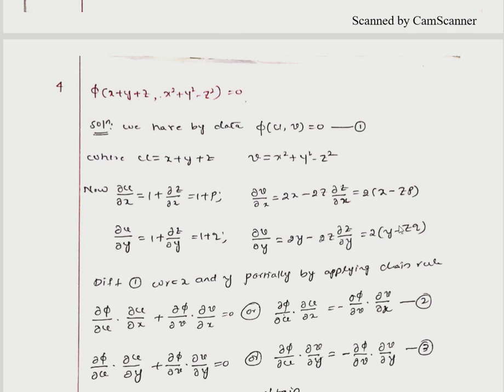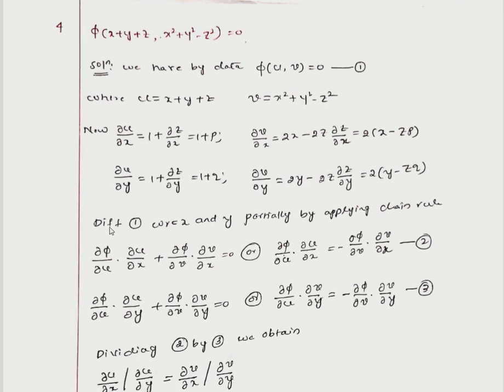Next, differentiate equation 1 partially with respect to x and y, by applying the chain rule. Here φ is a function of u and v. First, differentiate φ with respect to u partially, ∂φ/∂u, but here we are going to differentiate with respect to x, therefore ∂u/∂x, plus, here φ is a function of v, therefore first differentiate partially with respect to v, ∂φ/∂v.